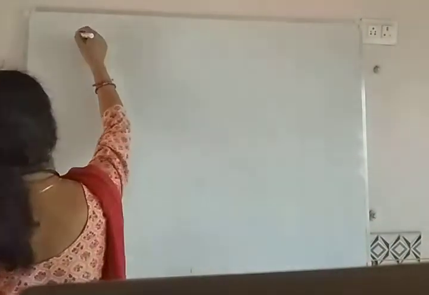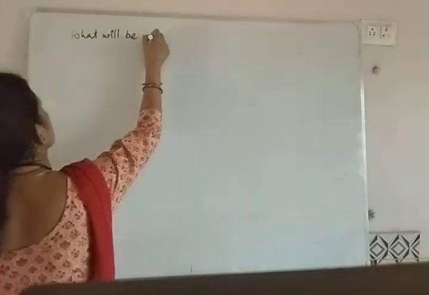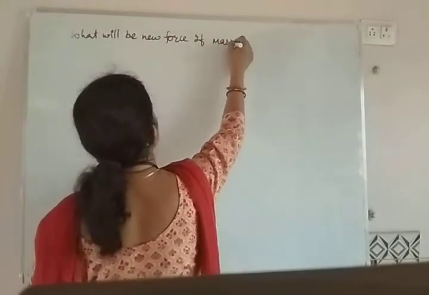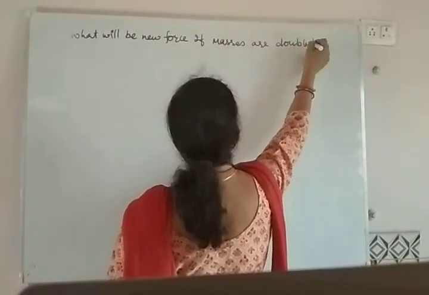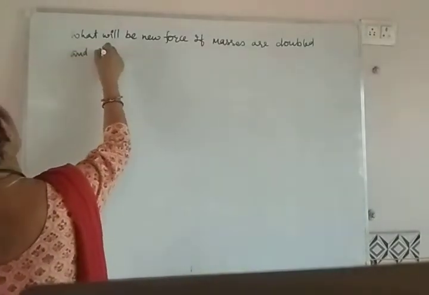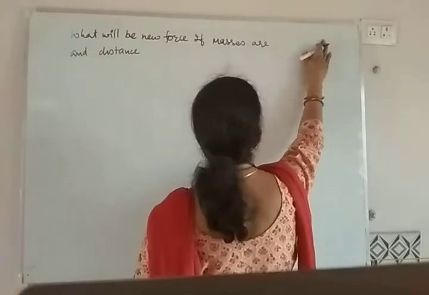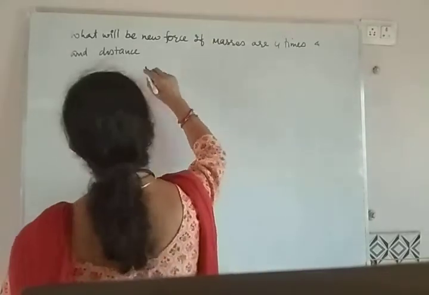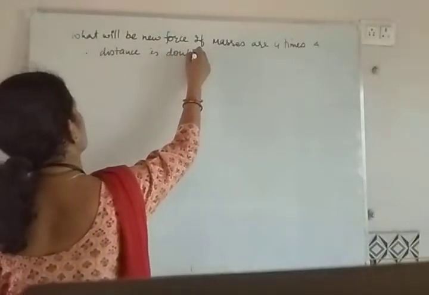Let us solve one numerical: what will be the new force if the masses are 4 times and the distance is doubled.